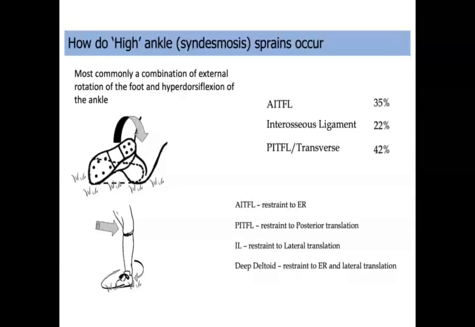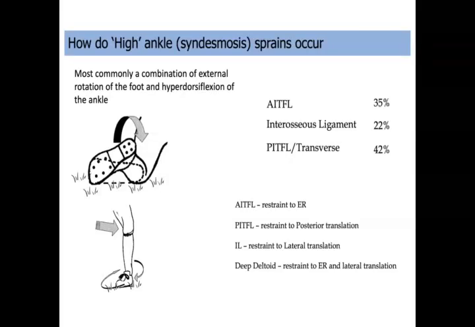The mechanism of injury for a high ankle sprain or a syndesmotic injury is a different mechanism, and that is usually a combination of external rotation of the foot and hyperdorsiflexion at the ankle. The AITFL is usually injured first, followed by the interosseous ligament, and subsequently the PITFL.